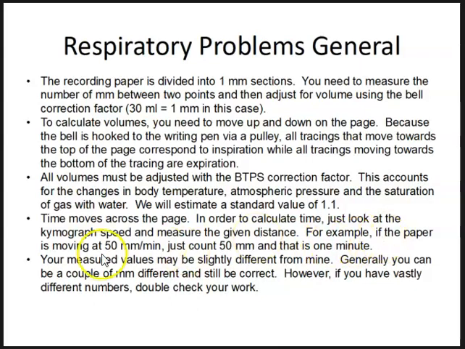For example, if the paper is moving at 50 millimeters per minute, just count 50 millimeters, and that is 1 minute. Again, your measured values may be slightly different from the instructor. You could be a couple millimeters off and still be correct. However, if it's a large number, make sure you're double checking your work and counting the number of millimeters.